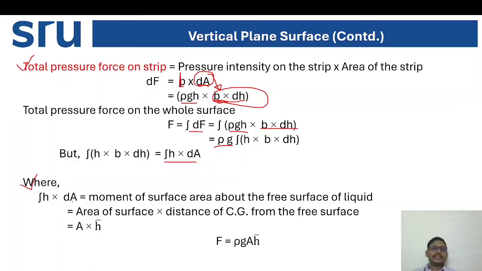The integral of h dA is nothing but the moment of the surface area about the free surface of the liquid, that is equal to the area of the surface into the distance of CG from the free surface, that is A into h bar. So the force is equal to rho g A into h bar.